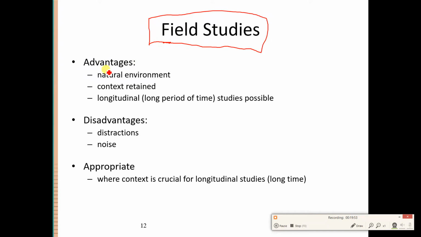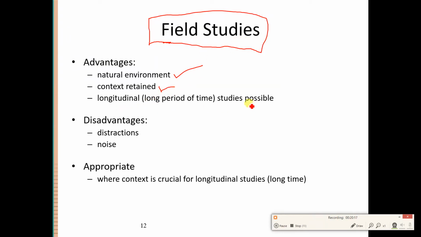There are some disadvantages, but there are advantages too. The natural environment where we are going to use the system is available, and the context is retained. As I told you, for example, an ATM machine which is used outside, something like a drive-through, we can retain the context if we are doing field studies.